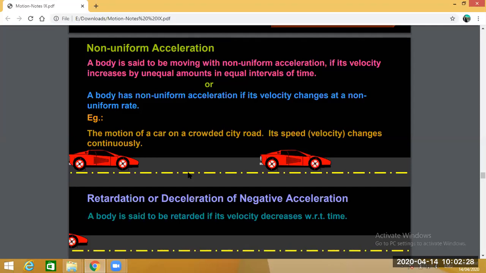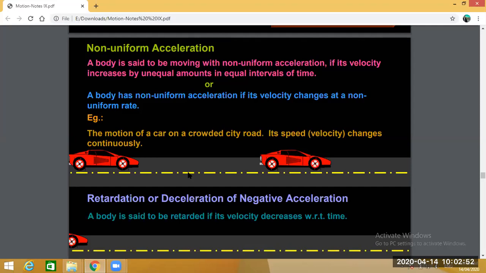And while you're driving your bike, you take sometimes left, sometimes right. Sometimes you move northwards, sometimes you move eastwards. So direction of motion is changing. In that case, velocity is not changing with constant rate. In that situation, we say the object is moving with non-uniform acceleration.